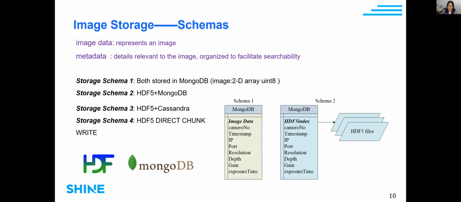Schema 2, we make use of HDF file to store the image data and use MongoDB to store the metadata, and the metadata is the index to the image data. Schema 3, MongoDB is replaced by Cassandra. Schema 4, similar to schema 2, we use the HDF file direct chunk write strategy to write the data to the HDF file.